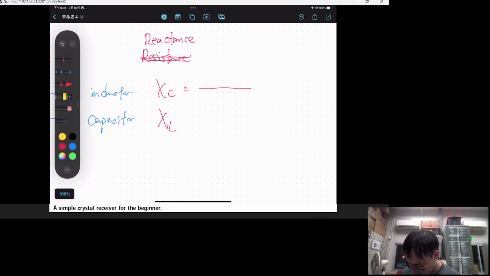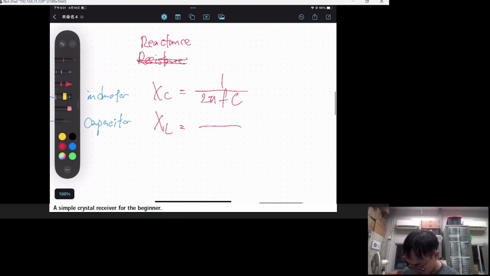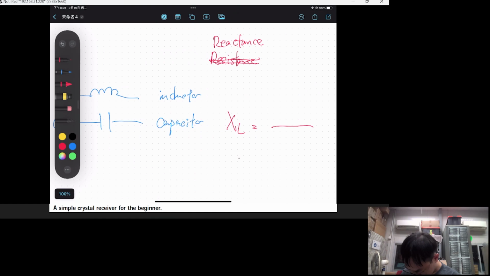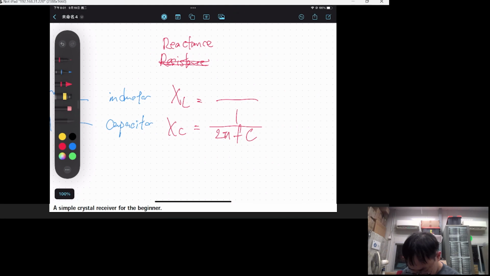What is the formula for this? XC is 1 over 2 pi FC, I'll just flip it around. And for XL, it is 2 pi FL. Okay.